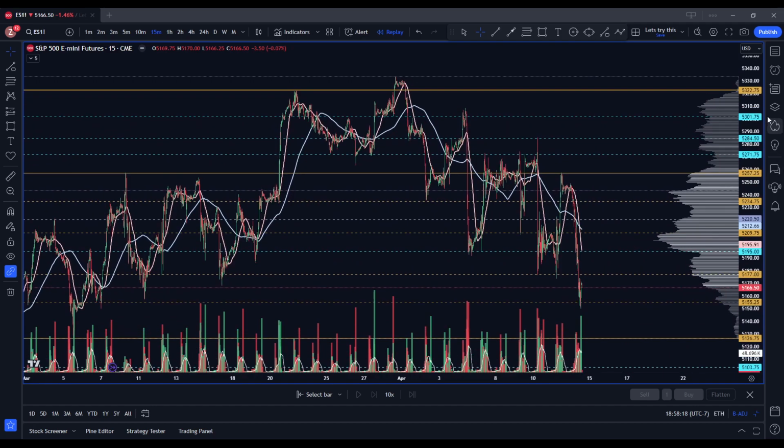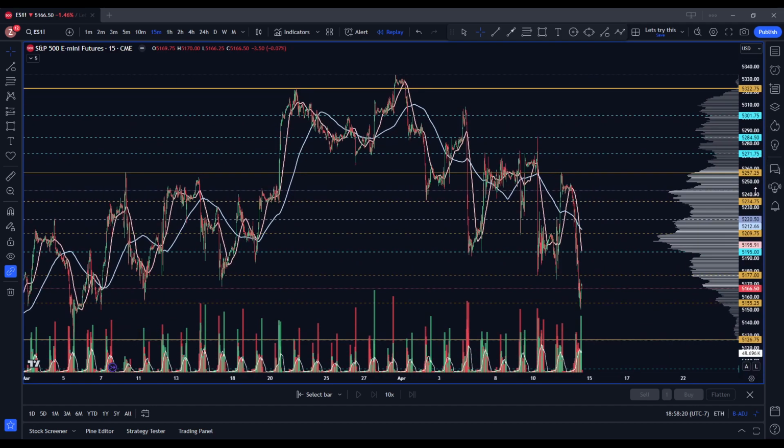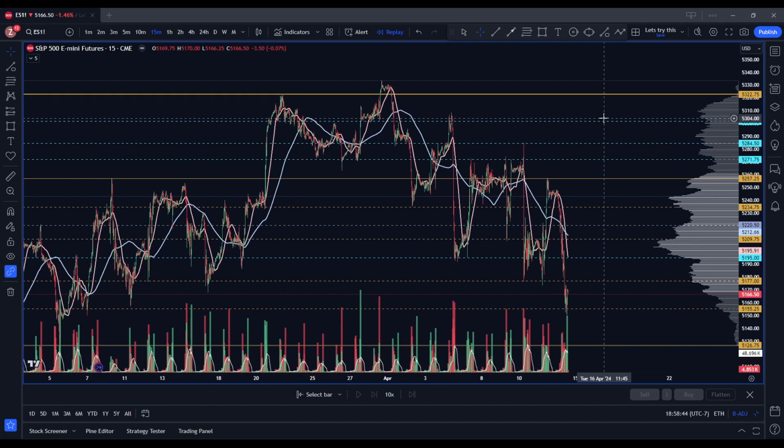So it's just the way it works psychologically. 195. They're all close to some sort of round number. 5271 is close to 5270. 285, 300, right? It's a big round number. So 300 would act as a resistance either way.